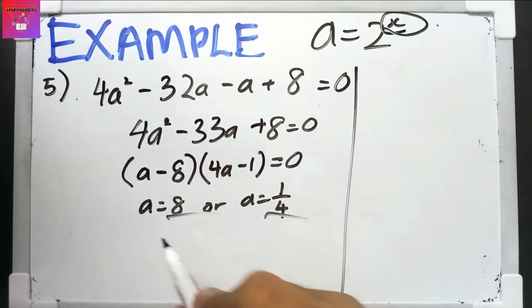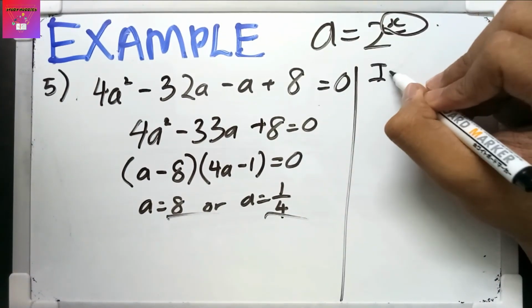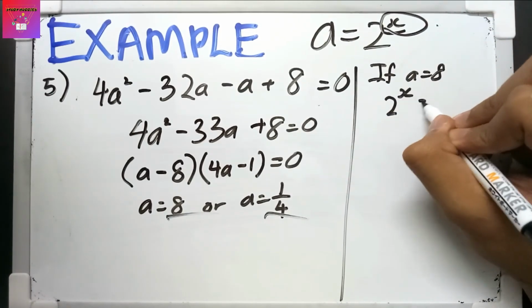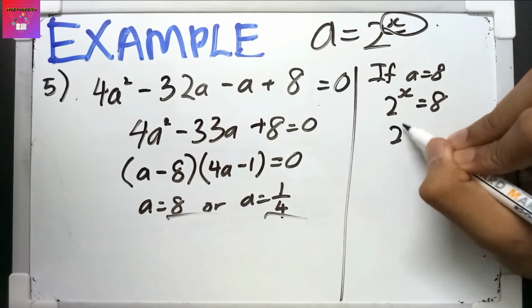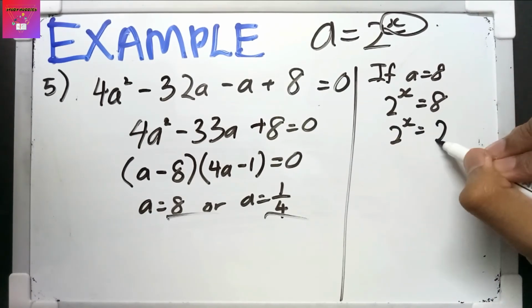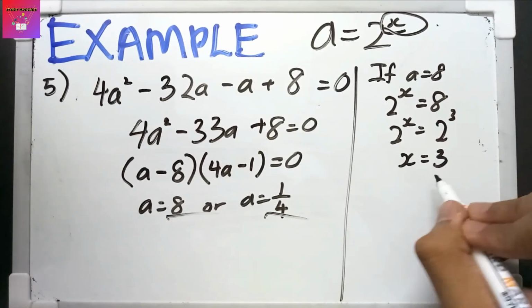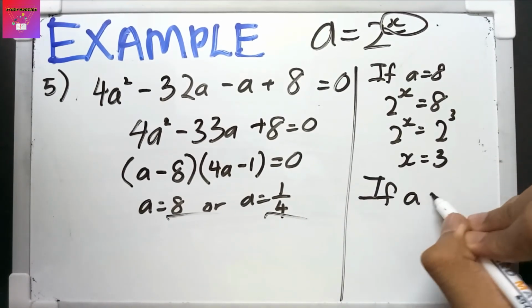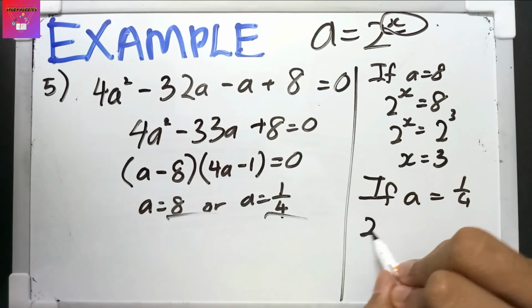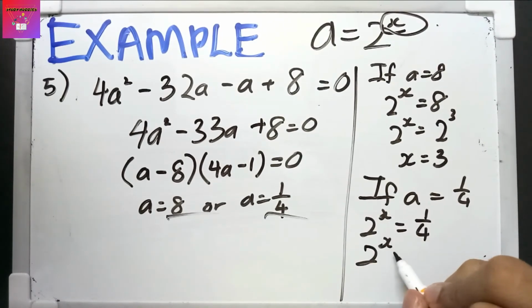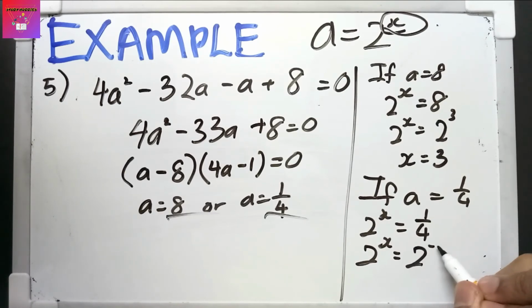So let's continue. If a equals 8, 8 would be 2 to the power of 3, and x would be equal to 3. And if a equals 1 over 4, 2 to the power of x equals 1 over 4, so 2 to the power of x equals 2 to the power of negative 2.